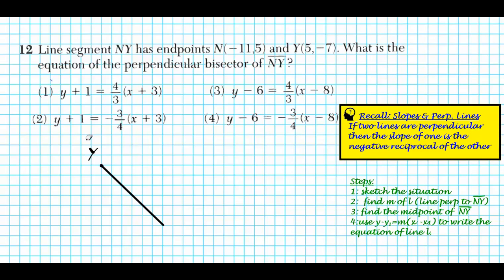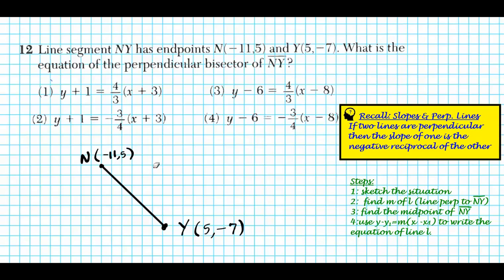I got it reversed. This should be N, the point that's in the second quadrant. Doesn't really matter how you sketch it though. So this is N, which is (-11, 5), and then this point at this end right here is Y, which is (5, -7) in the fourth quadrant. Okay, so this is segment NY.